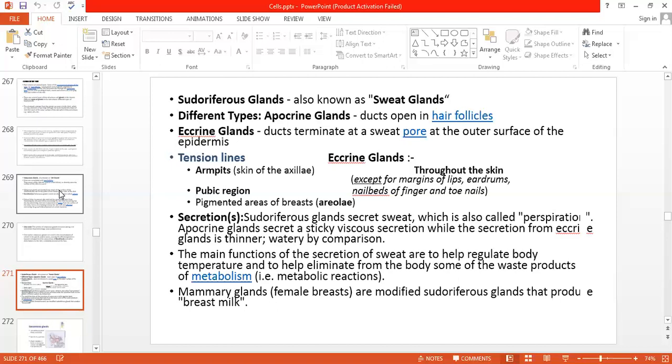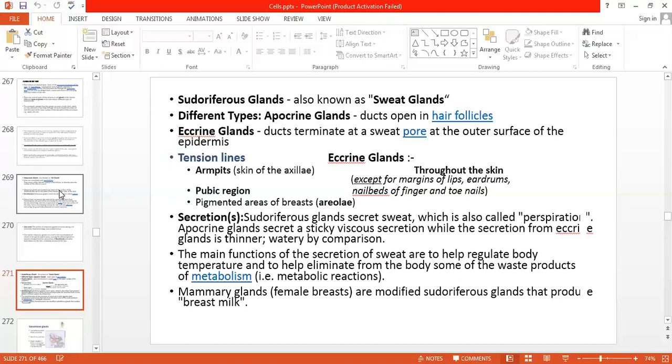So there is a difference in the texture of apocrine glands and eccrine glands. The main functions of the secretion of sweat are to help regulate body temperature and to help eliminate from the body some of the waste products of metabolism, that is metabolic reactions.